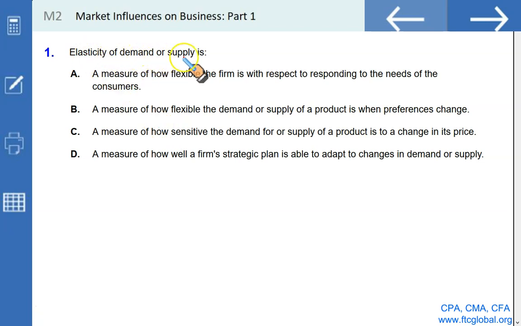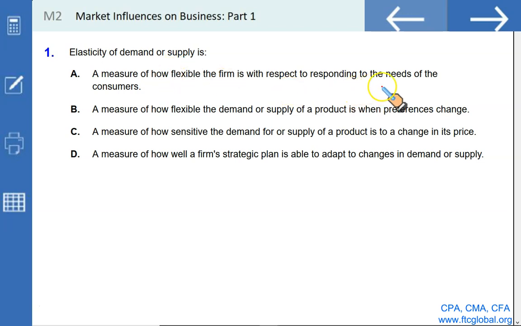Elasticity of demand or supply is a measure of how flexible the firm is with respect to responding to the needs of the consumer. This is not correct. Elasticity of demand or supply is a measure of how sensitive, how responsive the demand or supply is to a given change in its price.